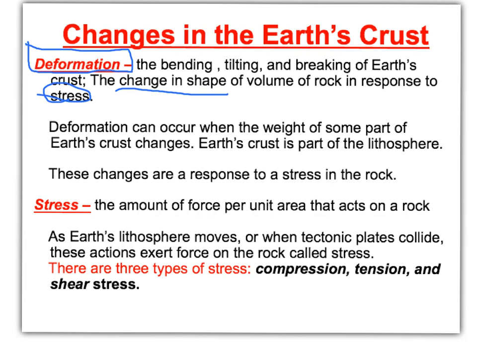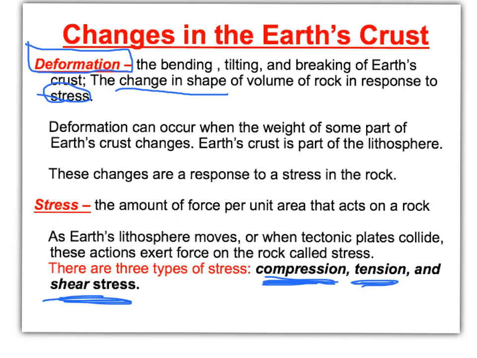There are three types of stresses: compression stresses, tension stresses, and shear stresses. And this deformation can happen any time the rock changes shape, changes volume, changes size in response to one of these three types of stresses.